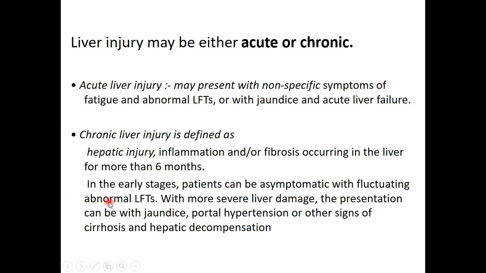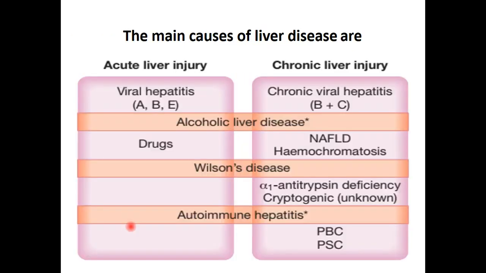So even patients with chronic liver disease may be asymptomatic or symptom free, and he just presents with fluctuating abnormal liver function test. With more severe liver damage, the presentation can be with jaundice, portal hypertension, or other signs of cirrhosis and hepatic decompensation.